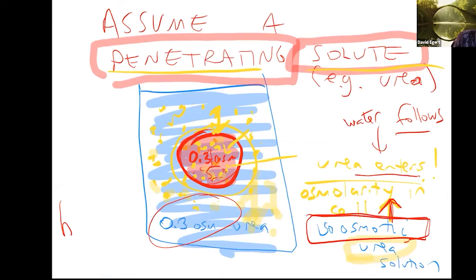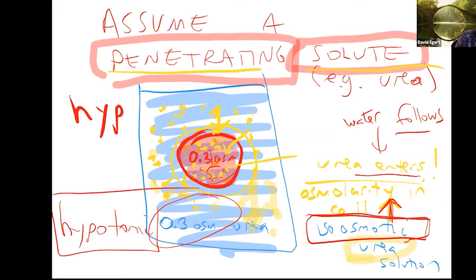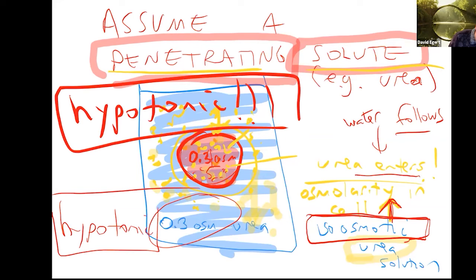This is hypotonic even though it's isoosmotic. So that's where you have to be careful. In our lab next week, this becomes important because we have a couple of penetrating solutes we're going to be working with.